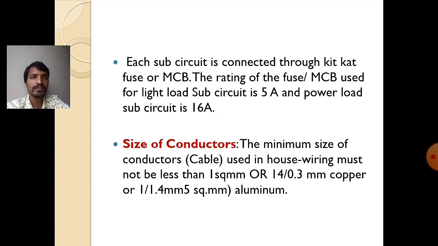Next, each subcircuit is connected with a KitKat fuse or MCB. A KitKat fuse is nothing but a manual fuse. We can reuse it again. It breaks the supply by blowing off the fuse wire, and we can replace it by connecting a new wire to the fuse.